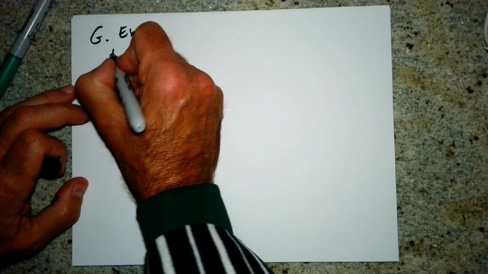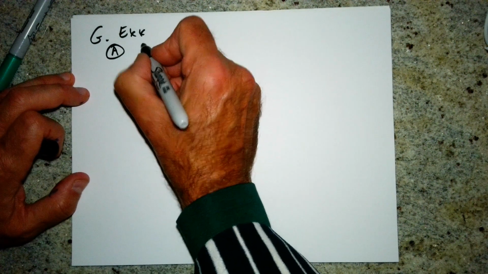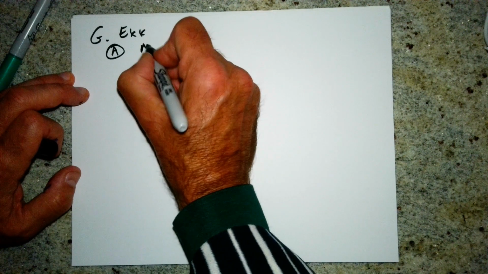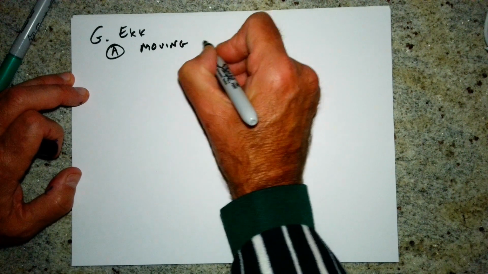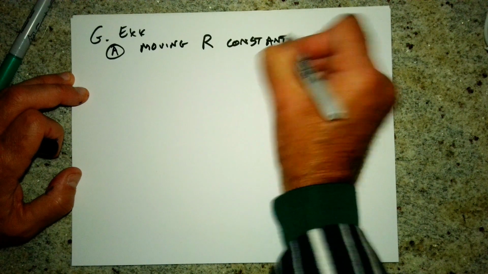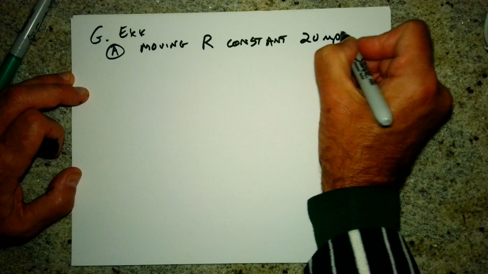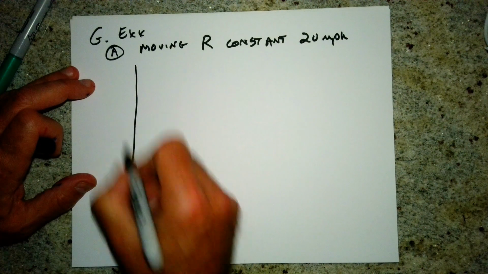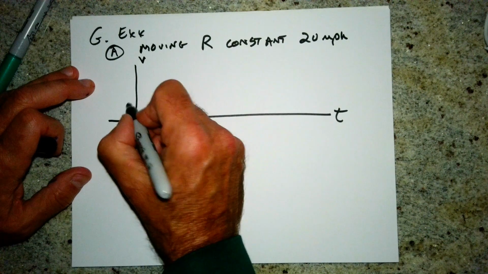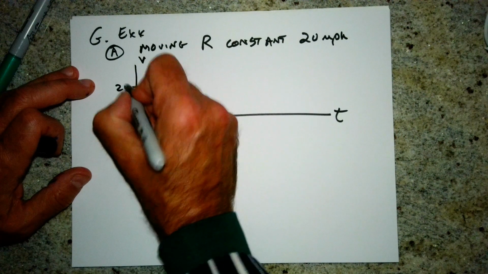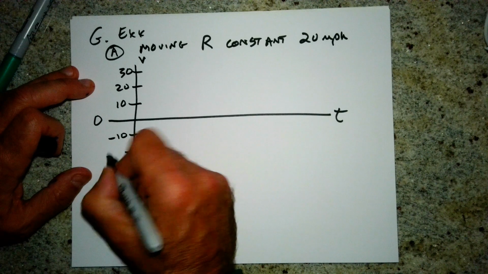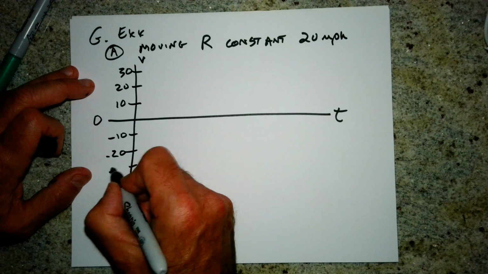Okay, example A, we'll say a car moving to the right at a constant 20 miles per hour. Time, velocity, 10, 20, 30, 0, negative 10, negative 20, negative 30.